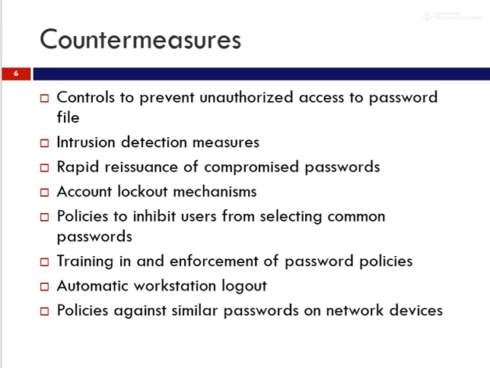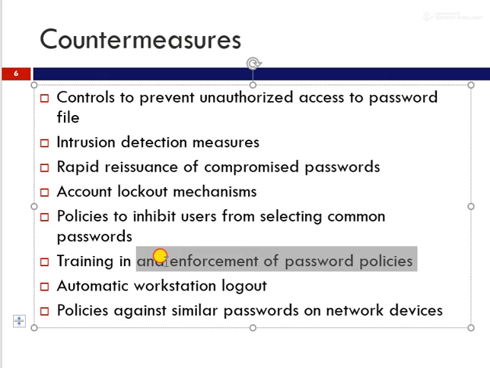For password guessing against a single user, the possible countermeasures include training and enforcement of password policies that make it difficult for passwords to be guessed. So we need to provide a proper password policy where we need to define the minimum length of the password, which character set needs to be included in the password, and we need to prevent the use of well-known user IDs, and also the length of time before the password must be changed.